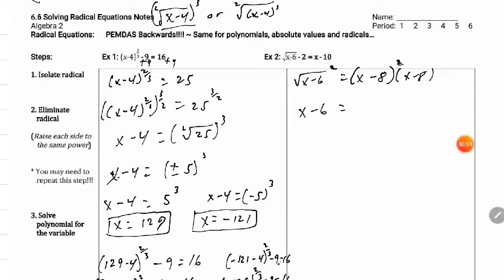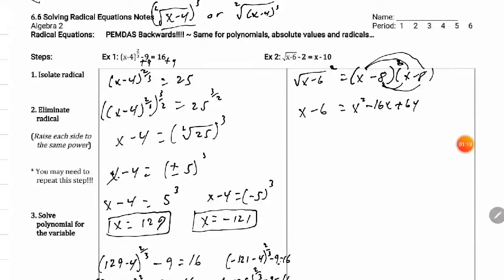Okay? And we're going to have to FOIL. So it's not x squared minus 64. It is x squared minus 16x plus 64. Okay? Where I got the 16x from is minus 8 times x, plus minus 8 times x.